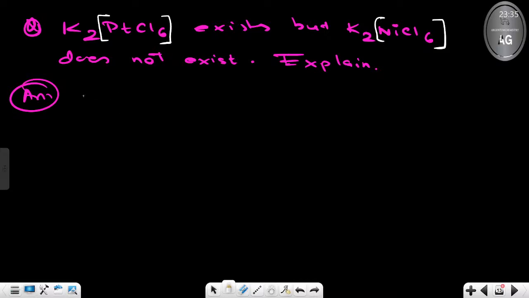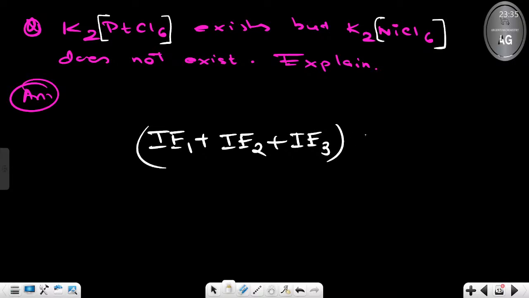So let me explain what is thermodynamic stability. Thermodynamic stability is basically the summation of IE1, IE2 and IE3. Did you understand? This must be minimum. If this value is minimum, then I can say that particular ion is stable, and the compound of that particular ion is stable.